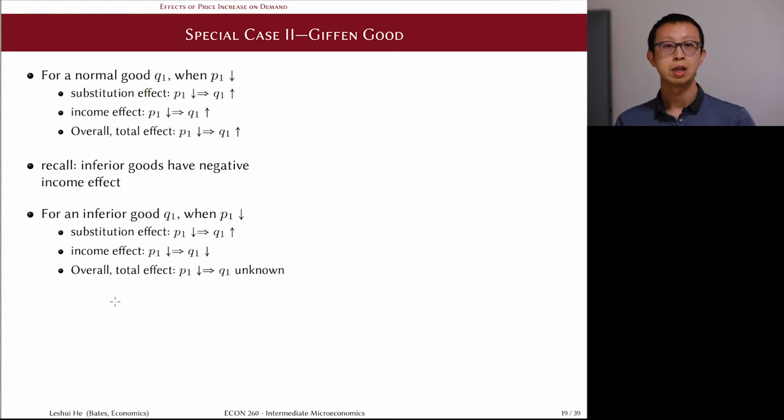As a result, if the price of an inferior good decreases, then its demand increases from the substitution effect, just the same as the case of a normal good. However, the income effect is now different. As the consumer becomes effectively richer, the demand actually decreases from the income effect. So overall, the total effect on the demand becomes ambiguous.